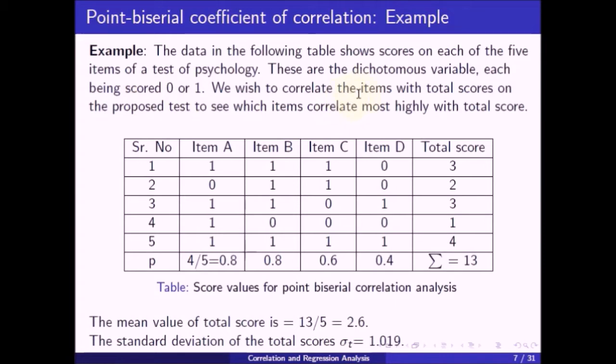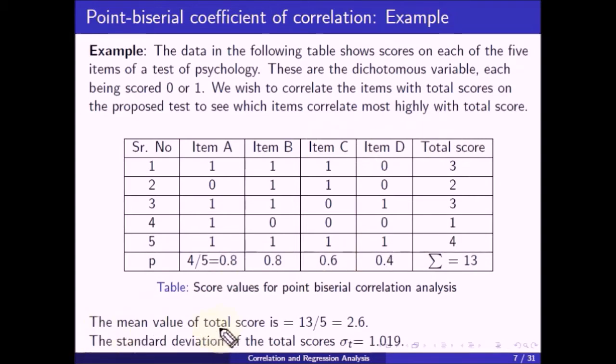We correlate the items with the total score on the proposed test to see which item correlates most highly with the total score. So there are four items, A, B, C, D, and this is the total score: 1 plus 1 plus 1 is 3, 1 plus 1 is 2, 1 plus 1 plus 1 is 3, 1 plus 1 plus 1 plus 1 is 4. Our aim is to know the correlation between item A and the total score, item B and the total score, item C and the total score, and item D and the total score.